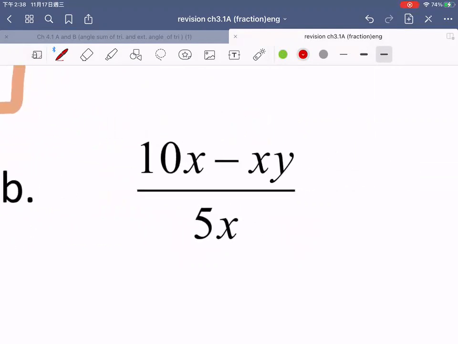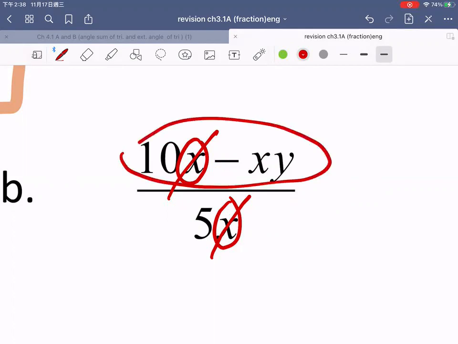For part B, it seems like we can just cross out X, just think of dividing both sides by X, but in fact we cannot. We need to take out the common factor first, because we need to tackle the subtraction before we have the division.